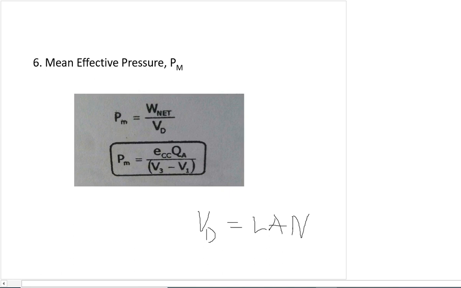So mga rotation yung mga heat engine, yung L ay stroke, ito yung area, or this is supposed to be pi over 4 the area of the cylinder, then this is the number of RPM. Ganyan po sometimes, but dito V3 minus V1.